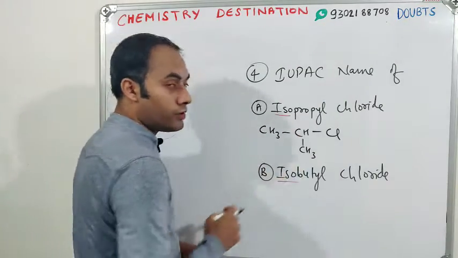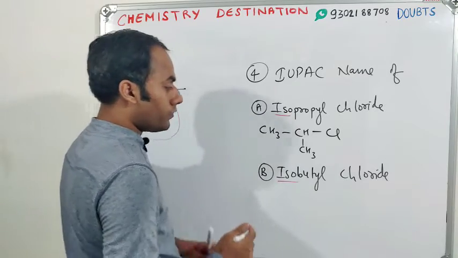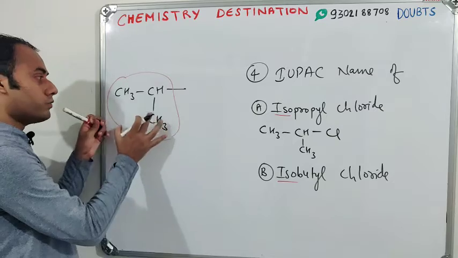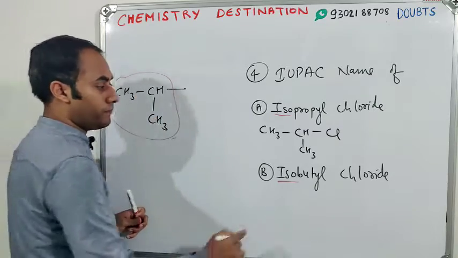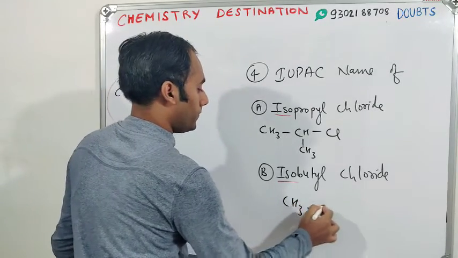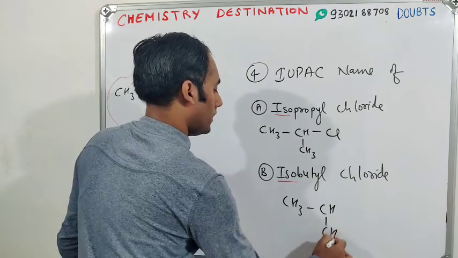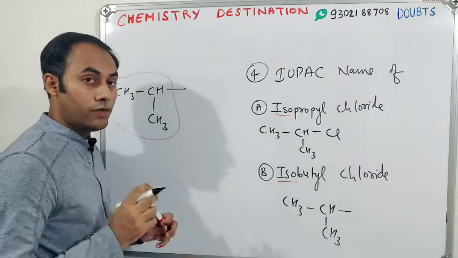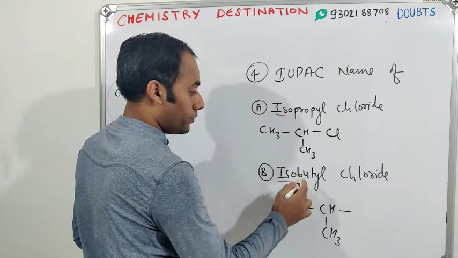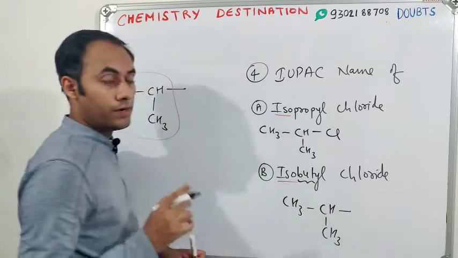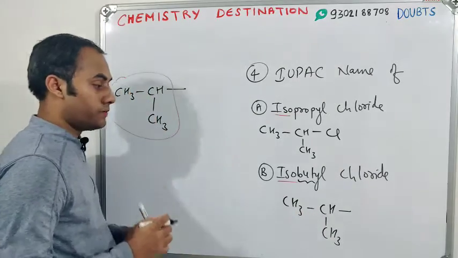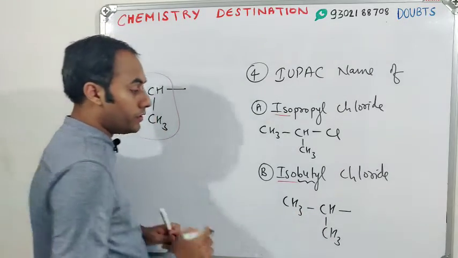Now in isobutyl chloride the iso prefix is present, so iso means CH3CHCH3. Since the word root is but, which means 4 carbons, and here we have 3 carbon atoms, one more carbon will be introduced.